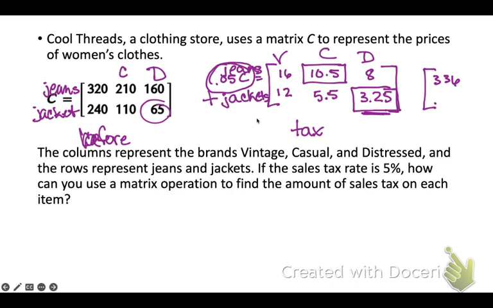The vintage jackets would be 252. The casual jeans, $220.50. Casual jacket $15.50. So you're just adding them, yes?